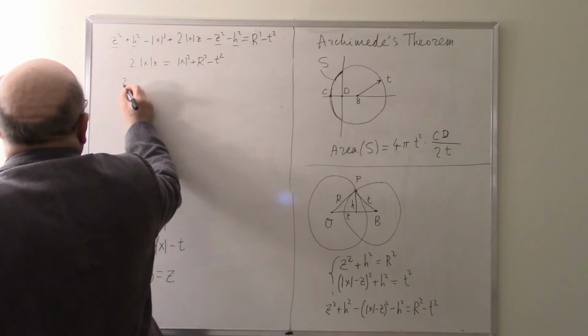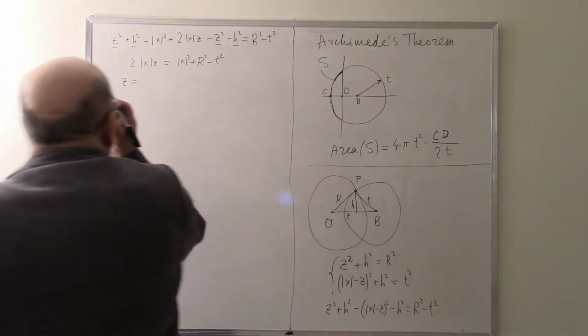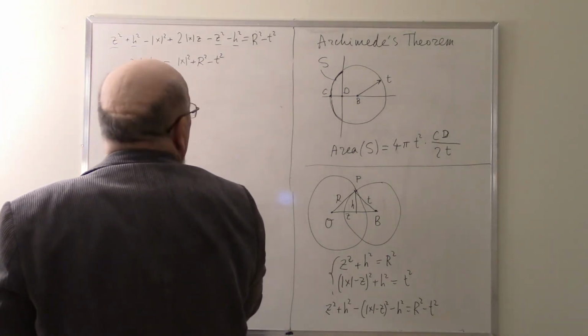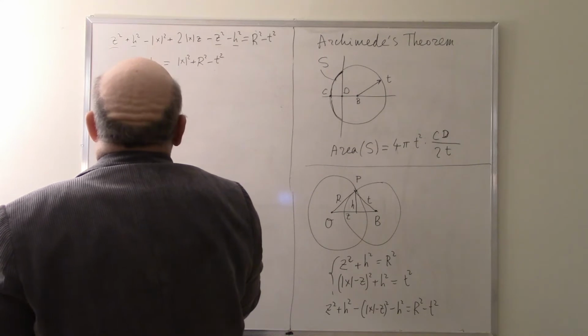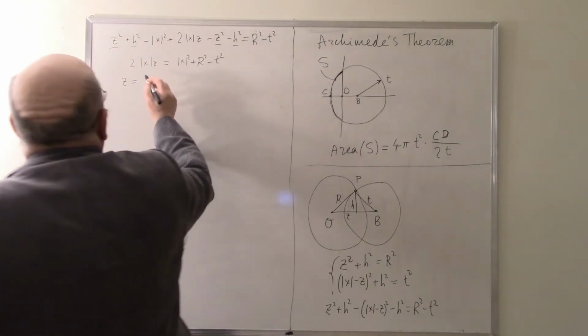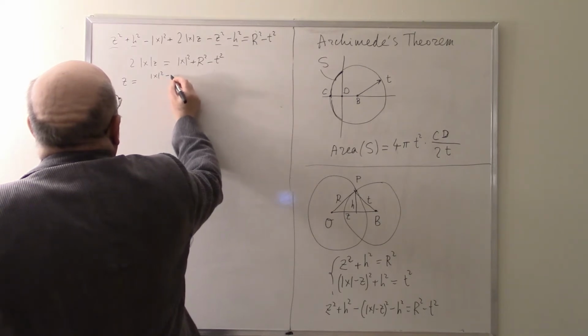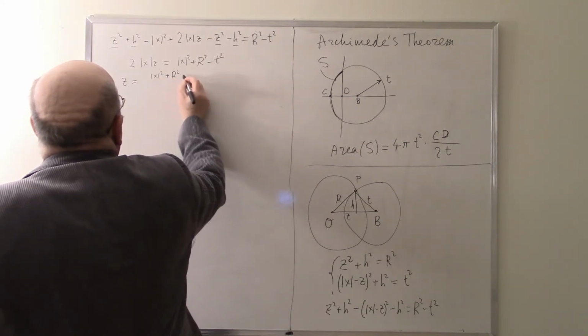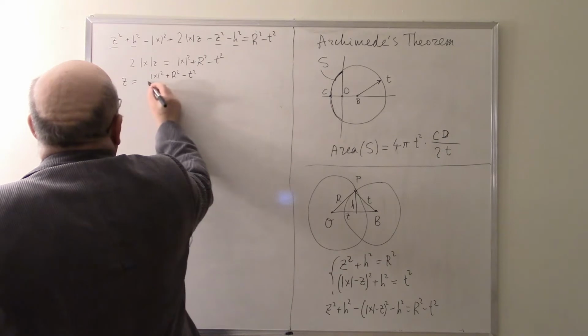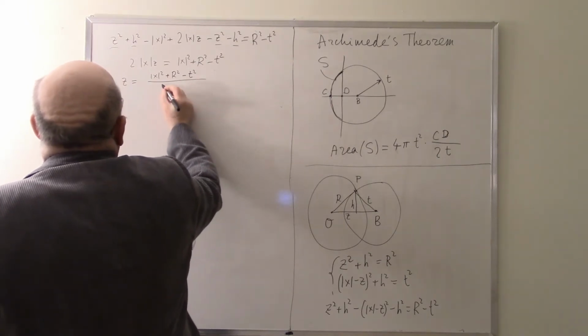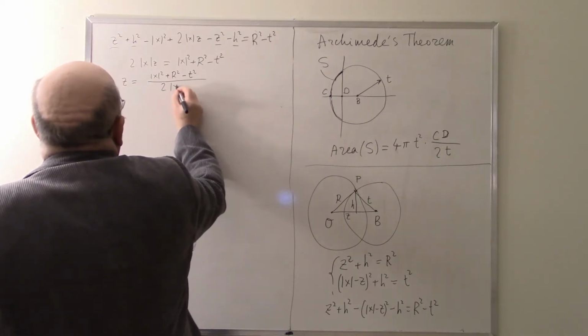So Z equals module X square plus R square minus T square divided by 2 module X.